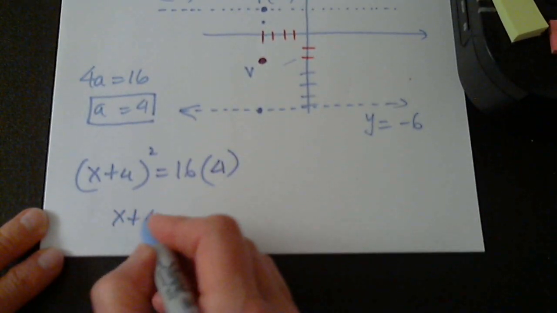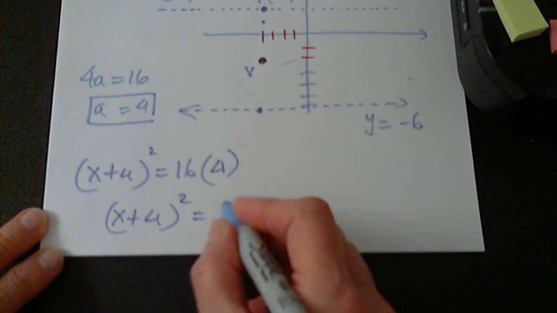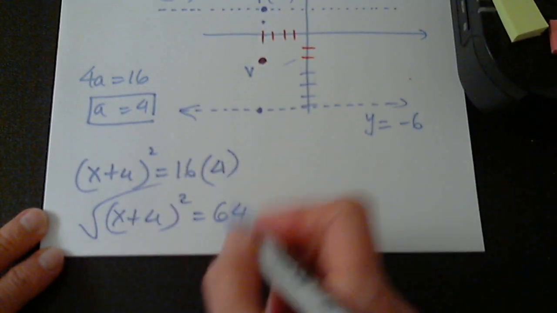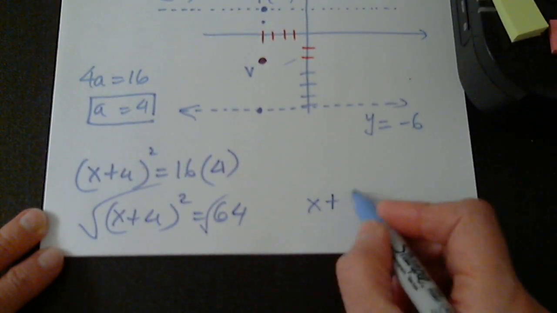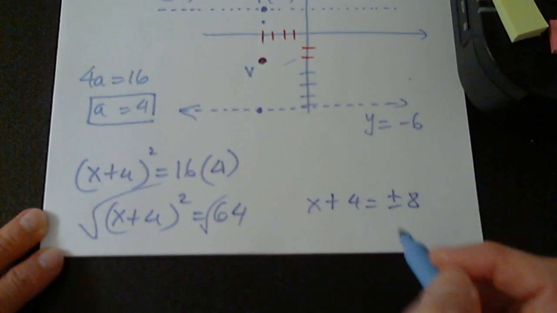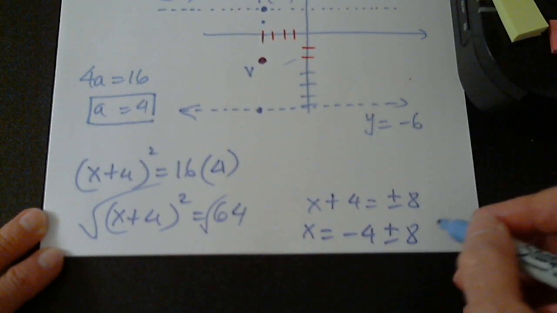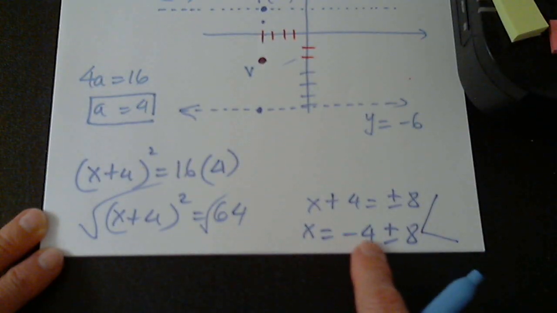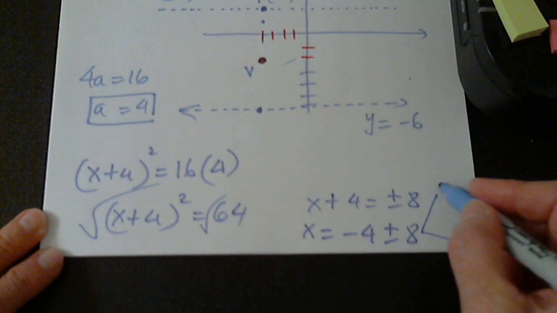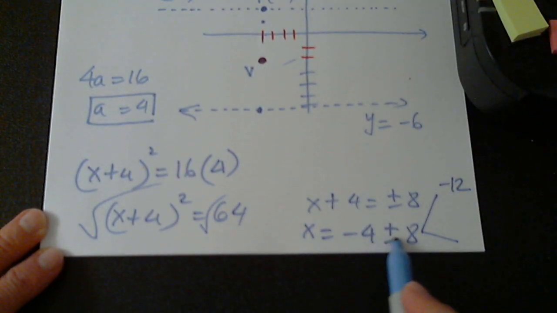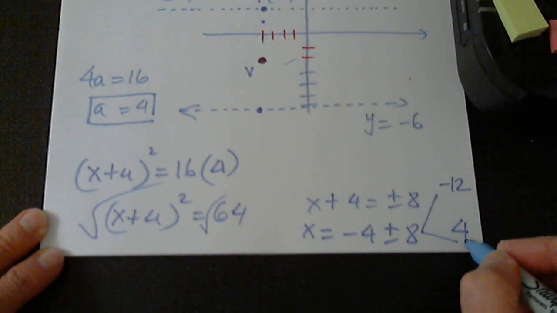So I have that (x + 4) squared equals 64. Of course, I will take the square root, and x plus 4 equals plus or minus 8. And x equals negative 4 plus or minus 8. And I have two options: negative 4 minus 8, negative 12, and negative 4 plus 8, which is 4.